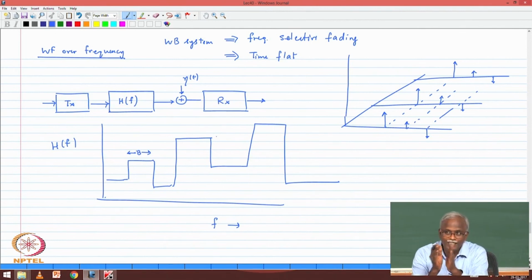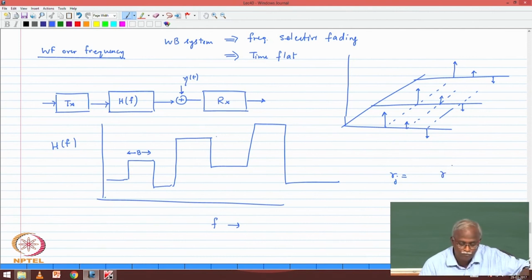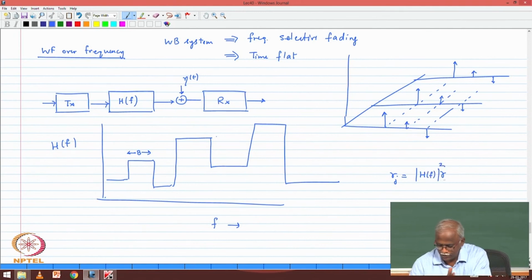Now this bandwidth B is a flat fading channel. So the SNR of this particular channel, let us say gamma j, is the SNR that I would have had in the absence of fading multiplied by mod H of f whole squared, where this gain corresponds to the particular segment.